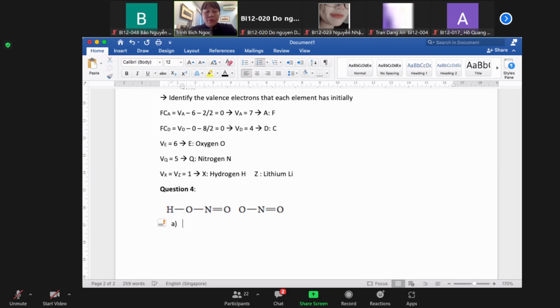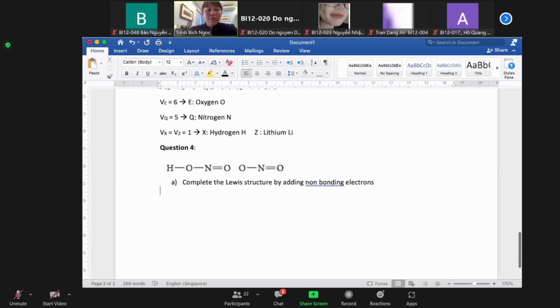You need to first complete each Lewis structure by adding electron pairs as needed. Who wants to do this?